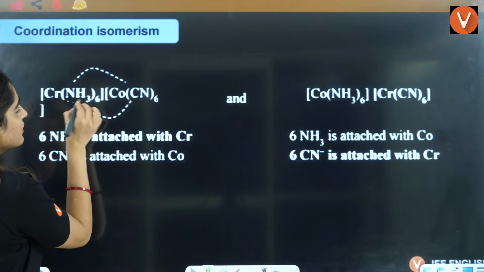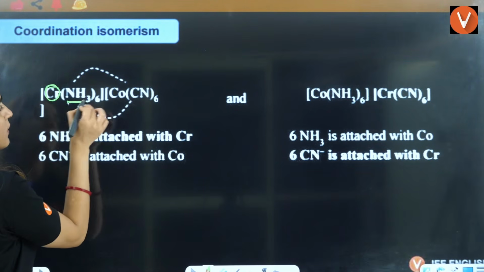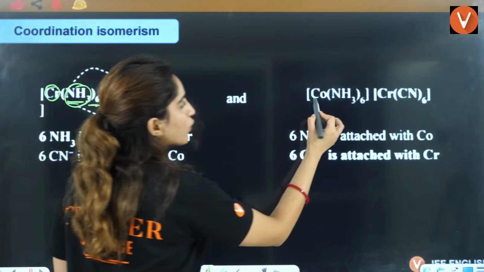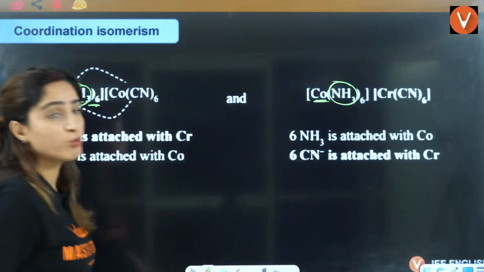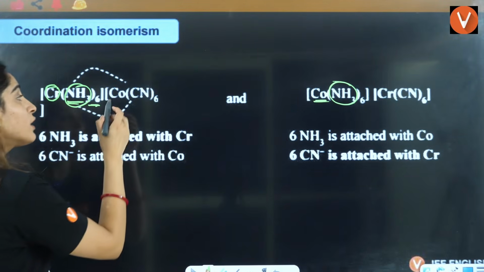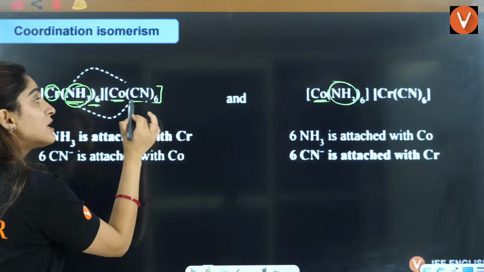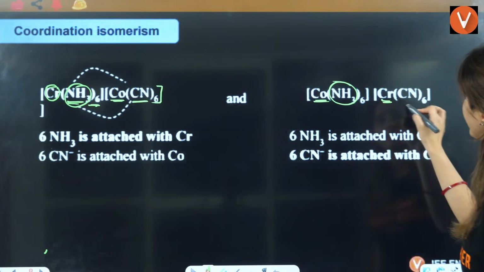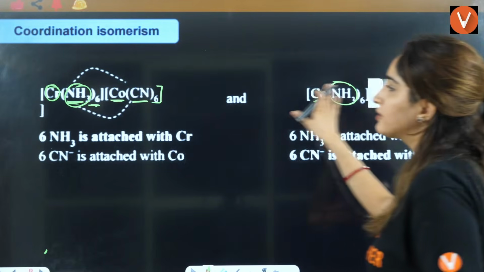What you will see here, here you have chromium, but here you have ammonia as the ligand, right? Here you have cobalt and here you have ammonia as the ligand. Here you have cobalt and here you have CN as the ligand. Here you have chromium and here you have CN as the ligand. Can you see one thing?